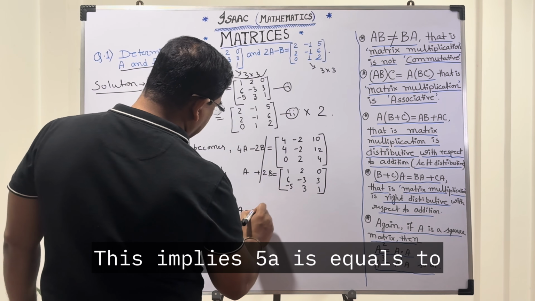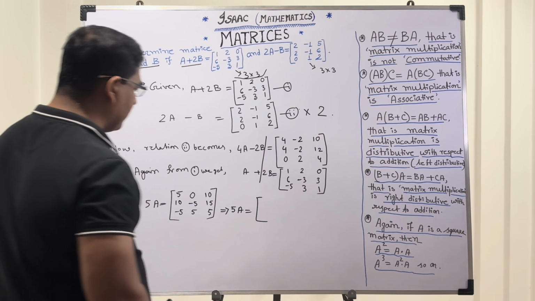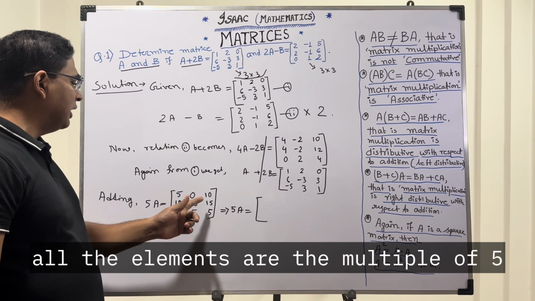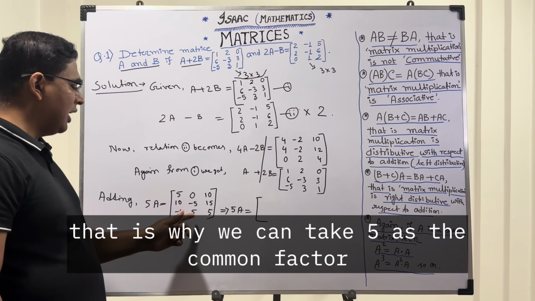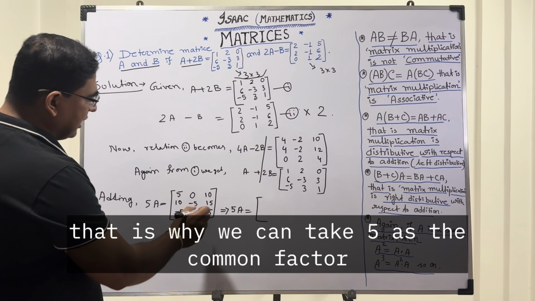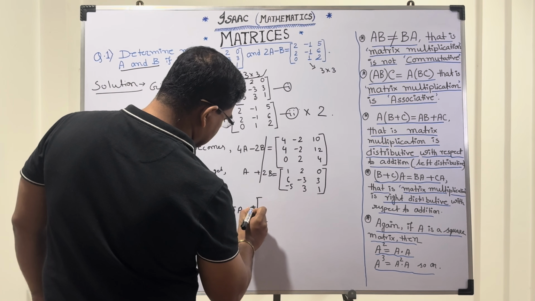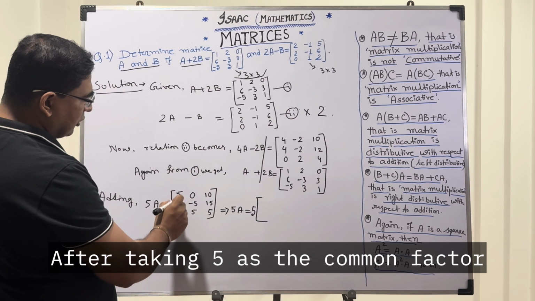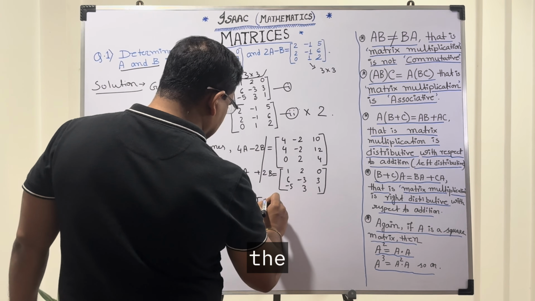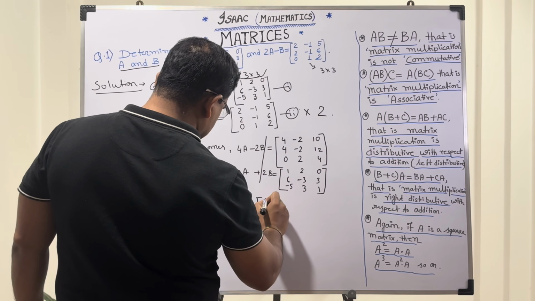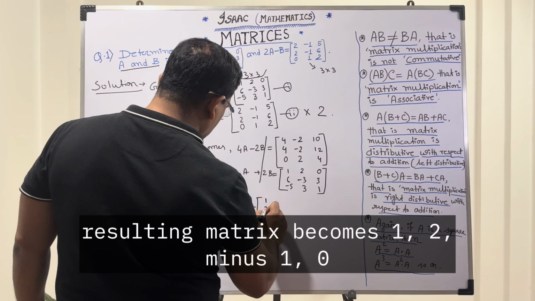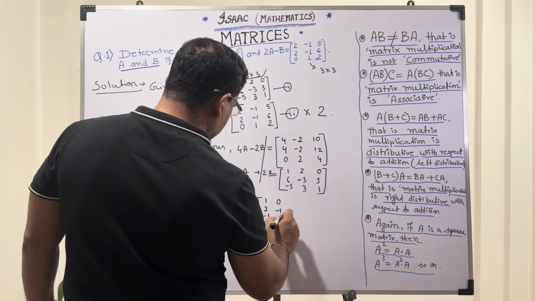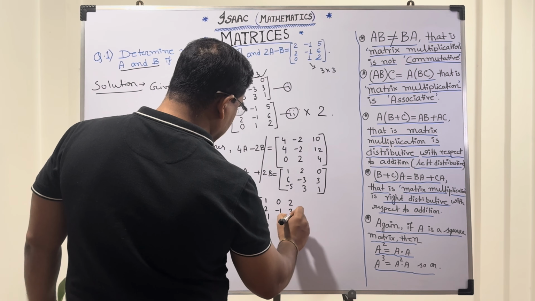This implies 5A is equal to this matrix. All the elements are multiples of 5, that is why we can take 5 as the common factor. After taking 5 as the common factor, the resulting matrix becomes 1, 2, minus 1, 0, minus 1, 1, 2, 3, 1.